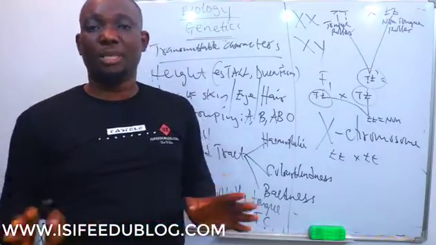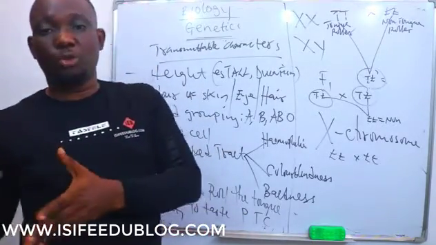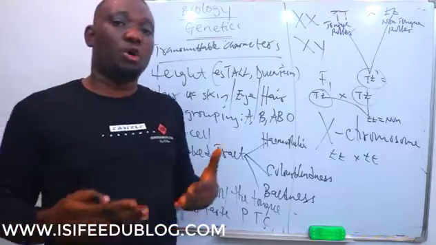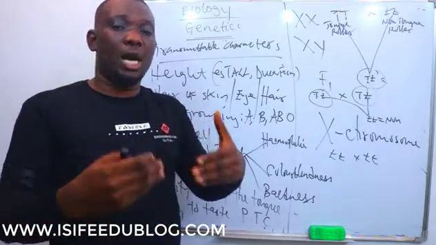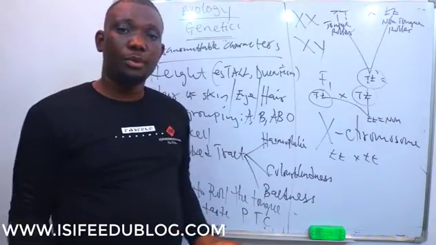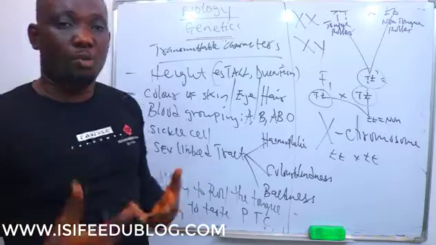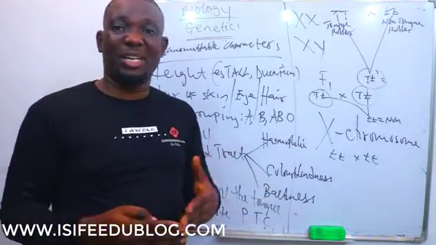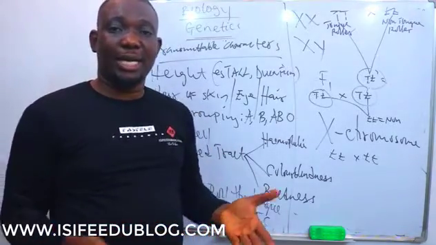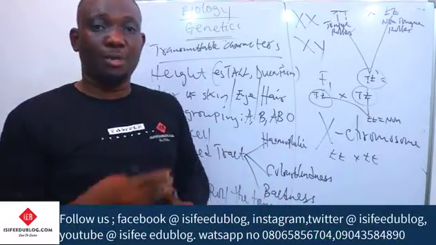What it simply means is that if I can taste this chemical as bitter, and I marry a woman who can also taste it bitter, it's possible that all the offspring from our generation will taste it bitter. But if I cannot taste it, and I marry a woman who also cannot taste PTC, both of us are non-tasters, and then one or two of my offspring can taste PTC, that means there is a question mark.